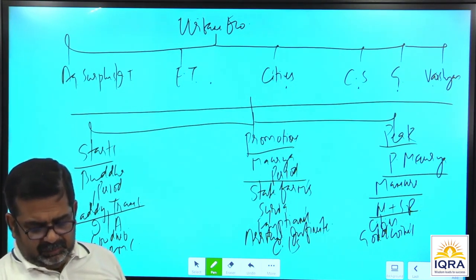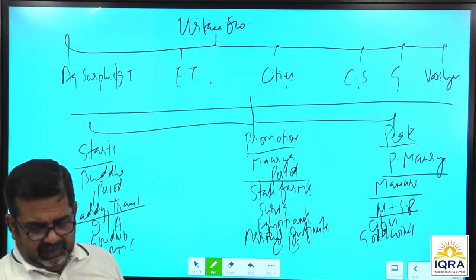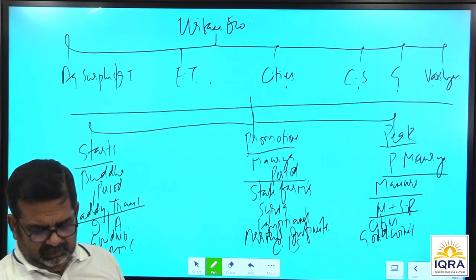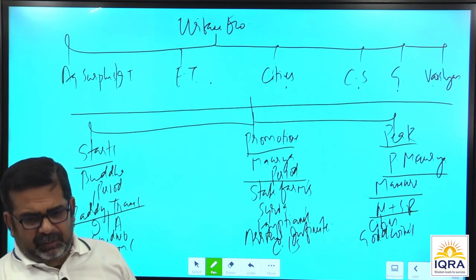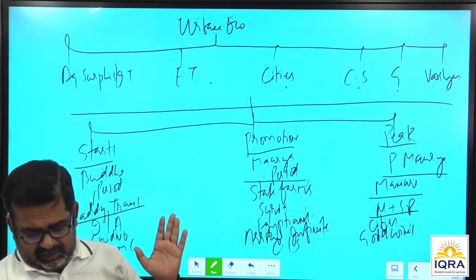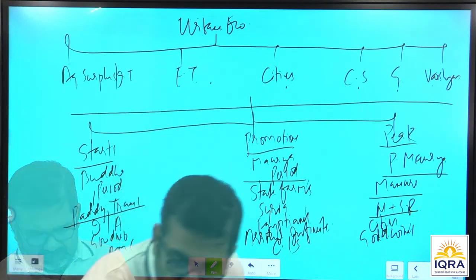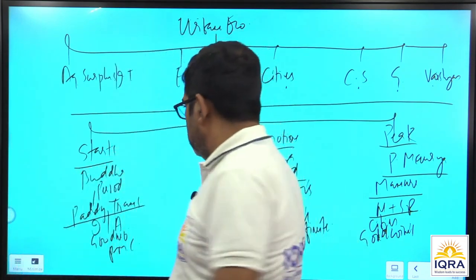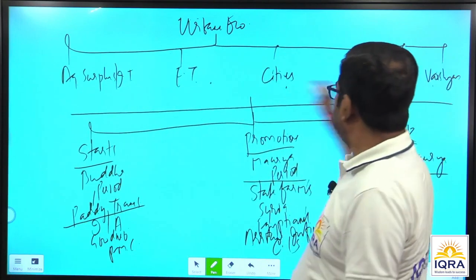Any other doubt? Any other query? Pramit, are you getting all these things? Okay. 6 features of urban economy.